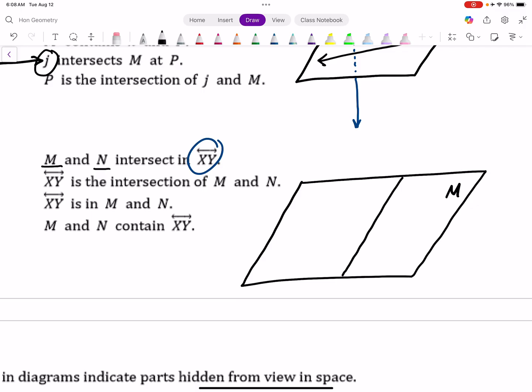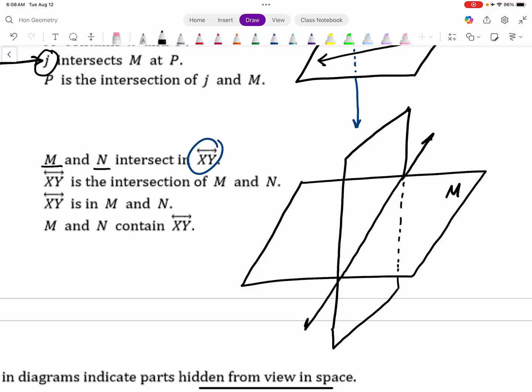Here's where they're going to intersect, because I am not much of a drawer. Okay, so I wouldn't be able to see this part. And then say there's point X and here's point Y maybe. And then this plane right here, let's call it N.